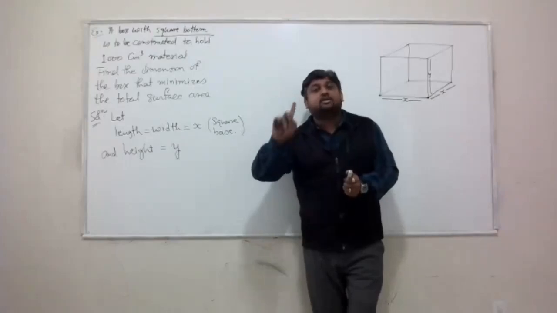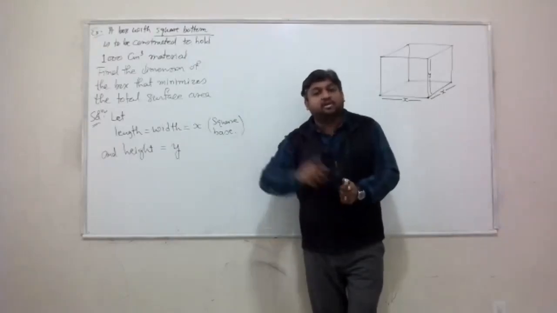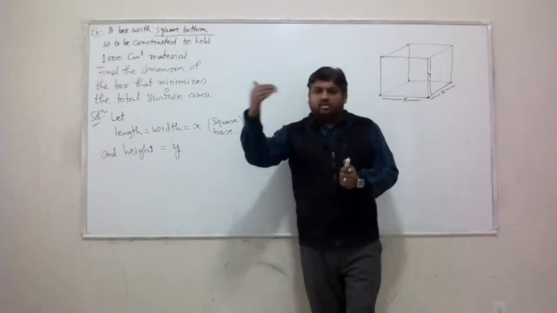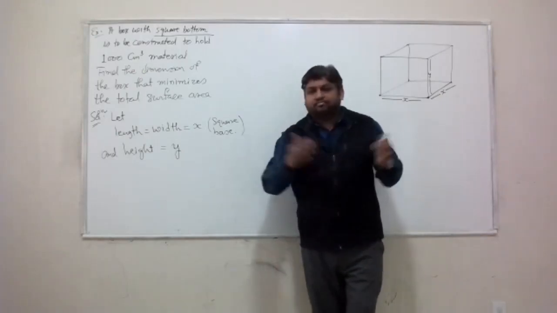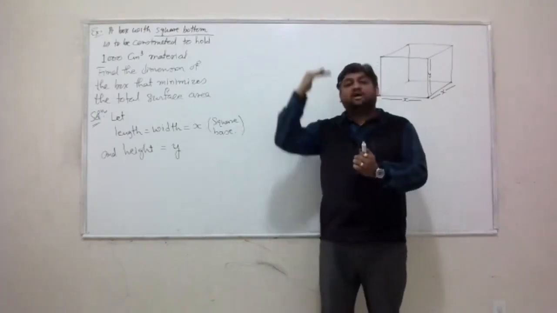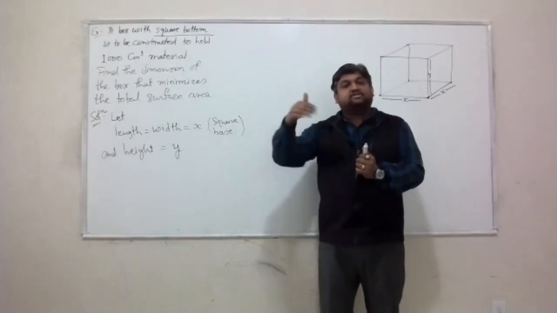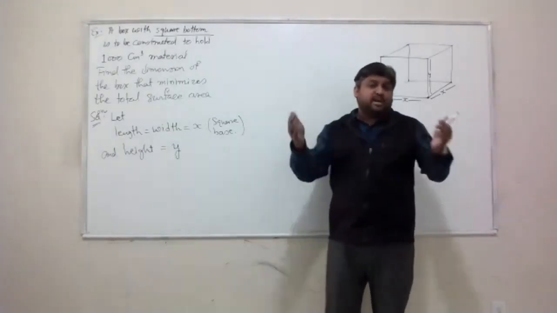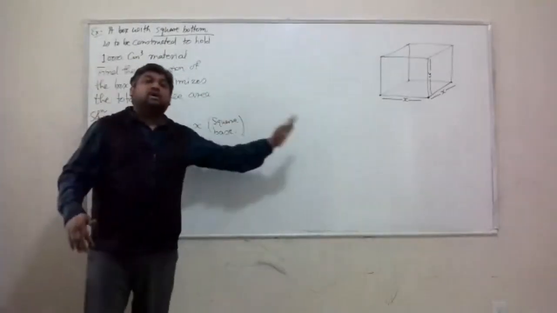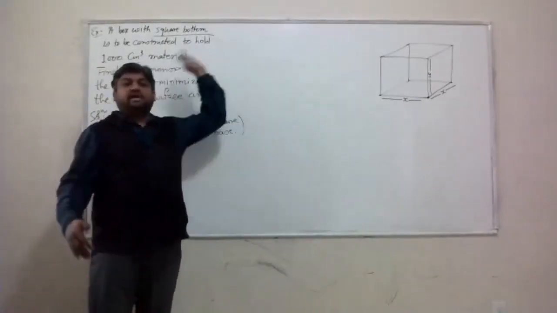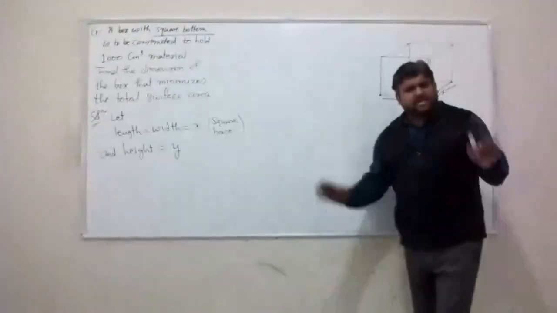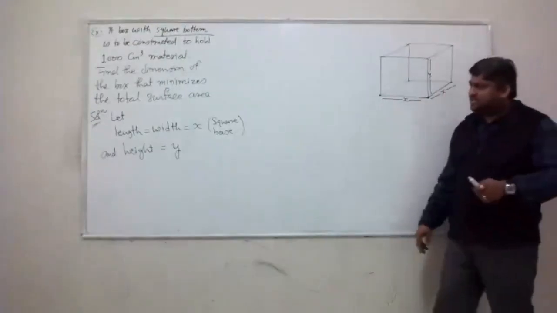Using the given information, convert minimization problem into function with one variable so that we can use calculus. Once you have function of one variable, it's a game over type of situation. Compute the cut point of f prime x, use the second derivative test to check if at cut point of f prime you have a max or min, and based on that you convert your findings into the solution of the original problem. So these are the 7 steps that we need to apply carefully on this example.